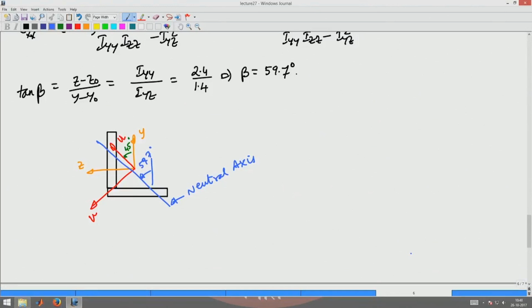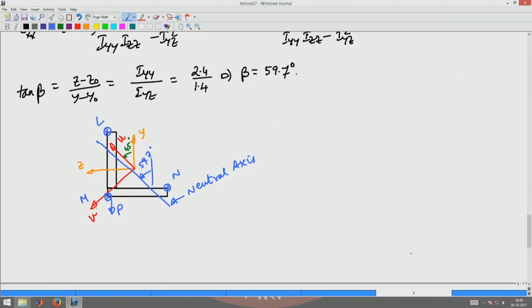Now what happens? Below the neutral axis, you have applied a load like this, and which points will be in tension and compression is the next thing that we want to see. It's convenient to see this when you resolve the forces into the principal axis orientations. When I apply a load like this, we are interested in finding the nature of stresses at points P, L, M and N. To find the nature of stress at M, I resolve the load along the principal axis directions.